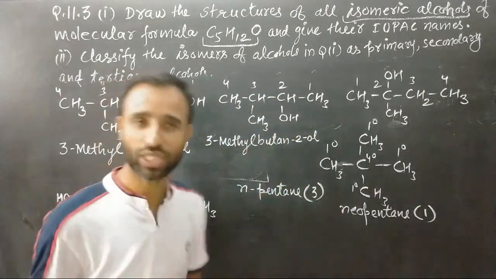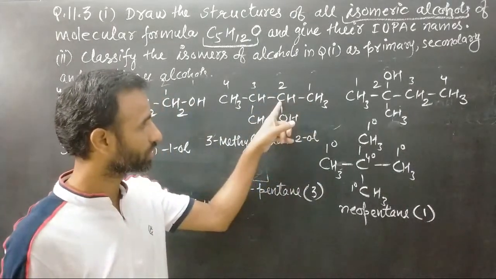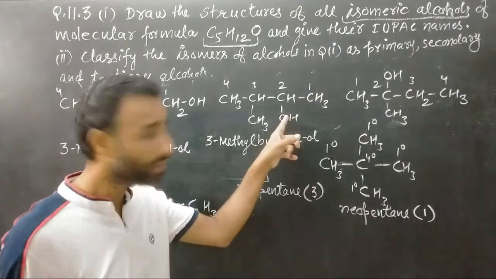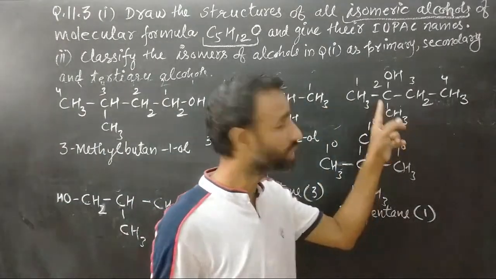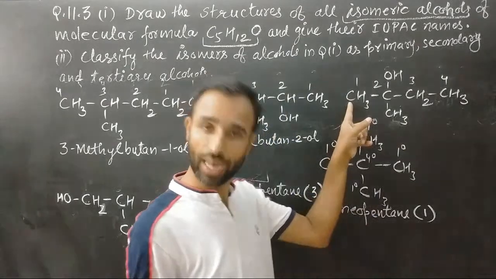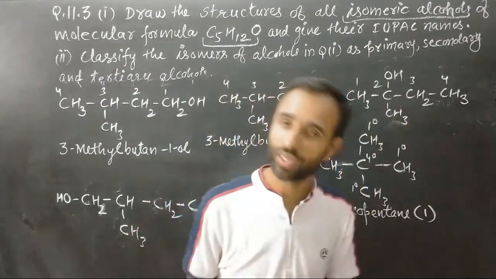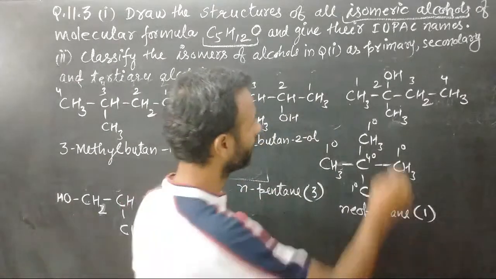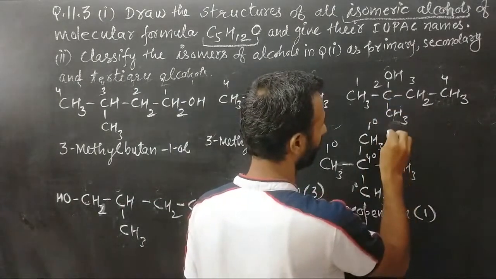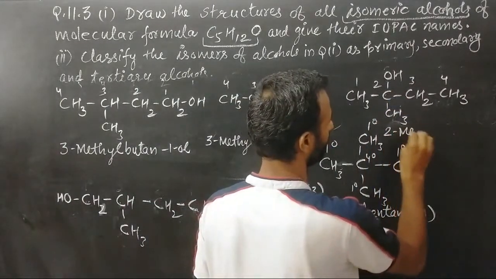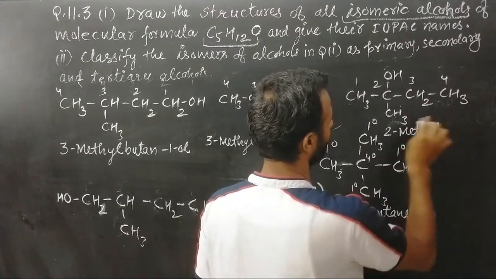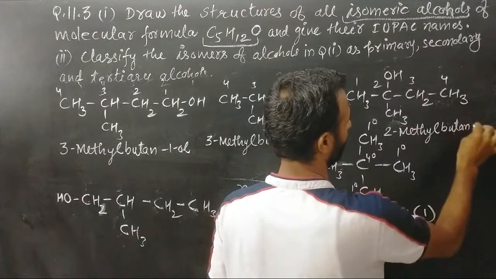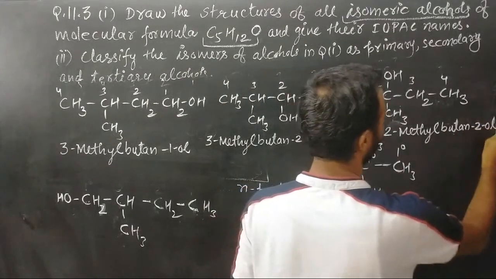OH should get the lowest number. Here OH, if we start numbering from this side, OH will get the lowest number. In this case, if we start numbering from the left side, then it gets the lowest number. So we start from this side. Okay, so it is 2-methylbutan-2-ol.